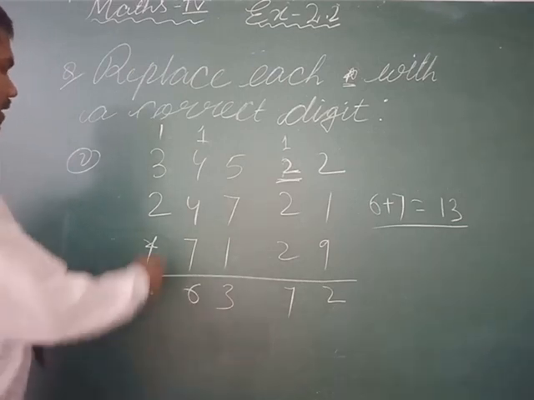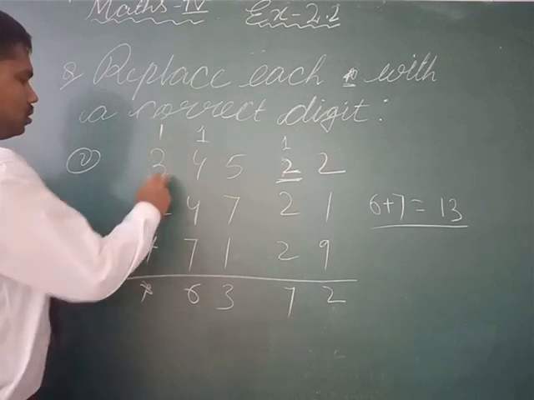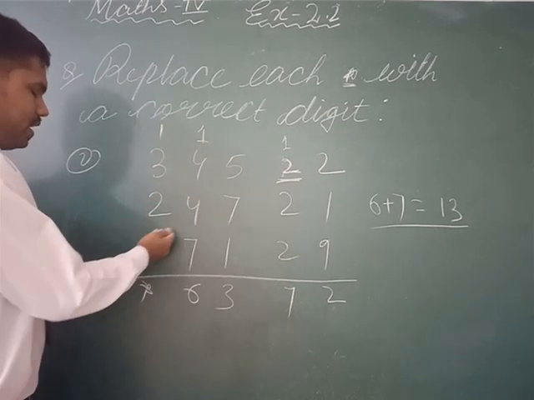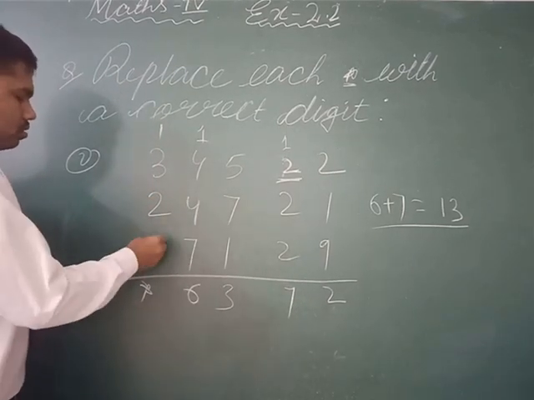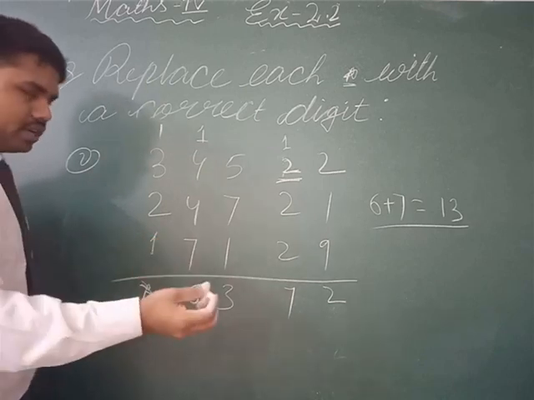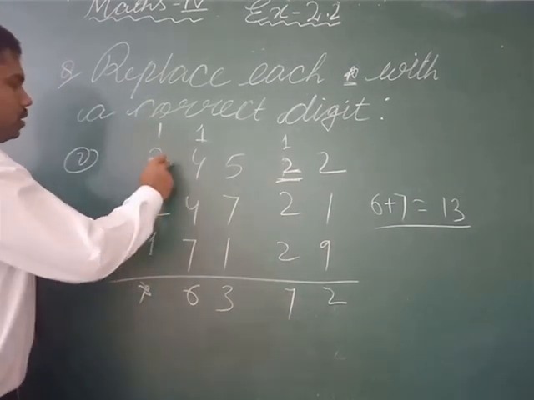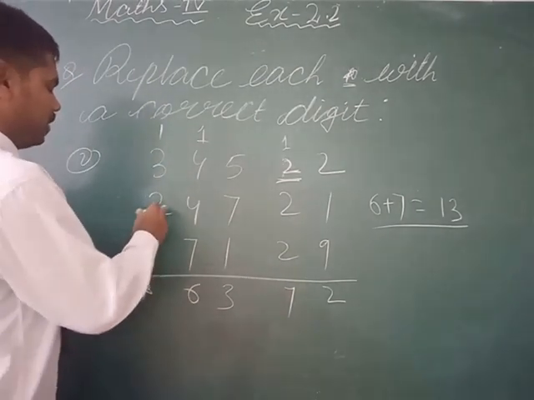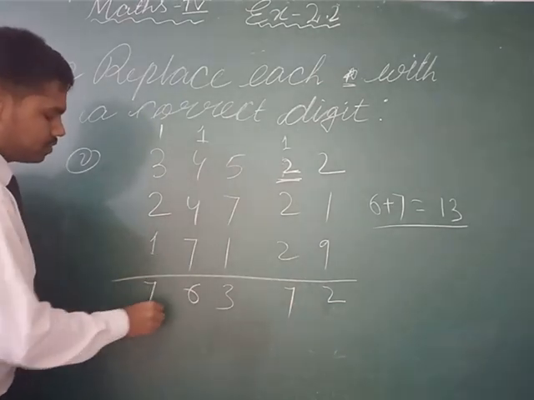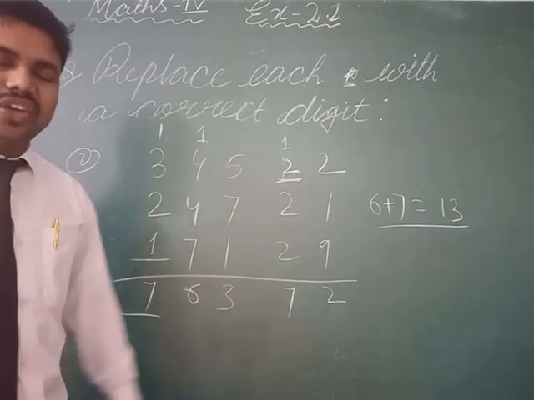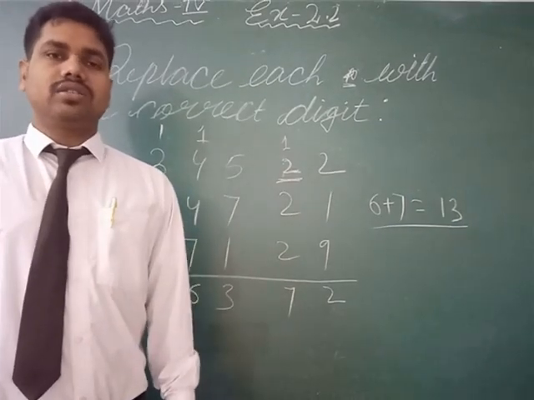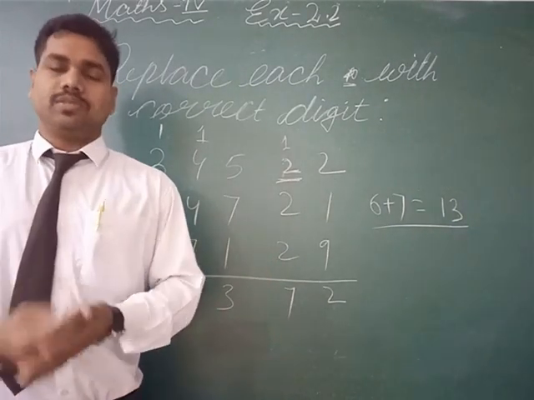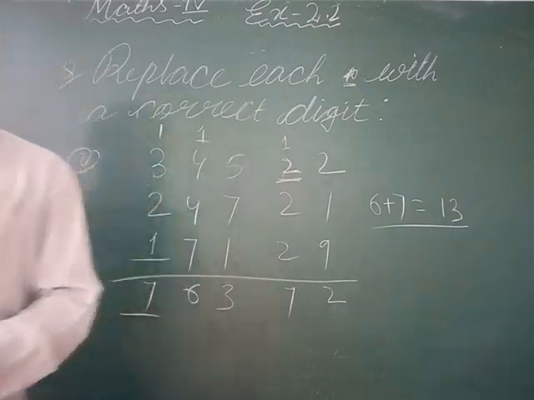So 1 is carried. So 4, 6, write any number, whatever you want. You can write 1 also. 1 is the lowest number you can write. You can write 0 also. Anything. 4, 5, 6, 7. So here it will be 7. So this is how you can fill the star marks with the number as per your own choice. Okay.